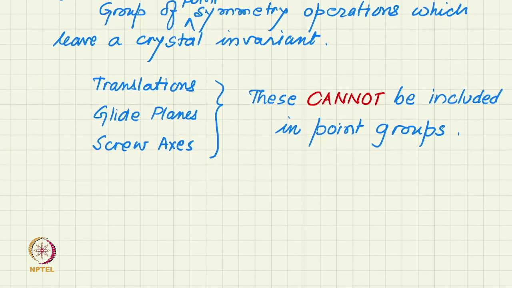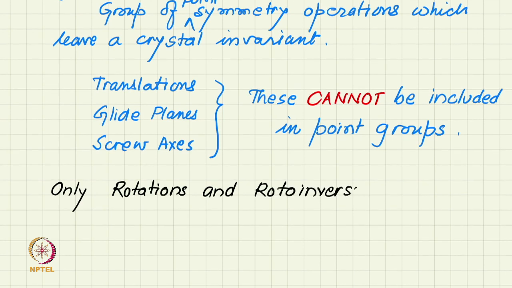So, what can be included in the point groups are only rotations and roto inversions.